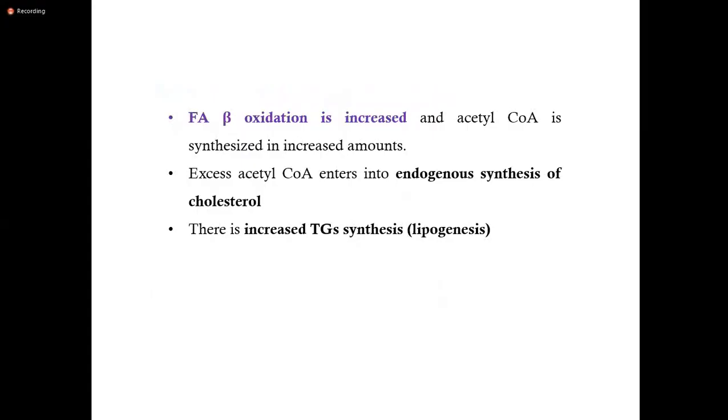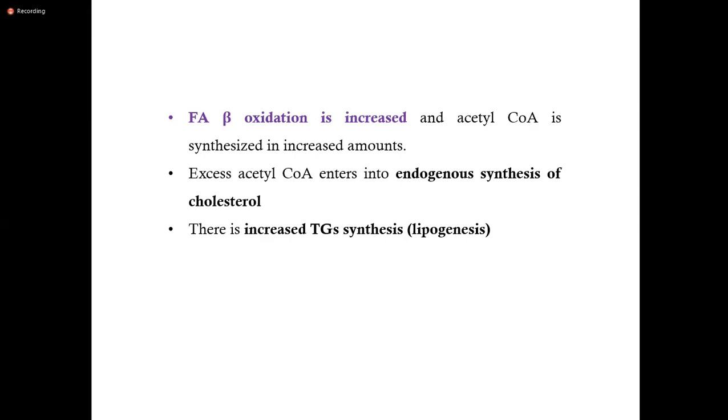And then what happens to these fatty acids in the liver? These fatty acids can be involved in the production of triglycerides, and when they enter the hepatocytes, they can also undergo beta oxidation.